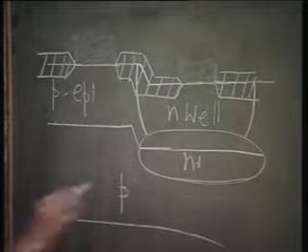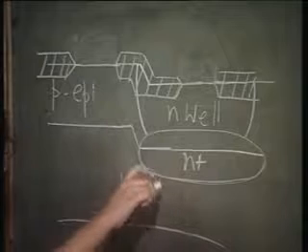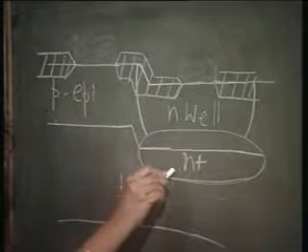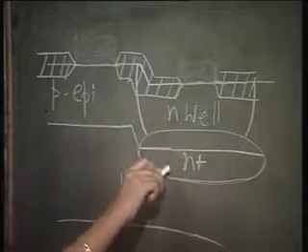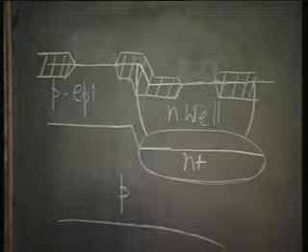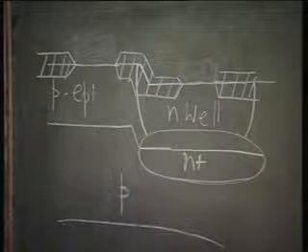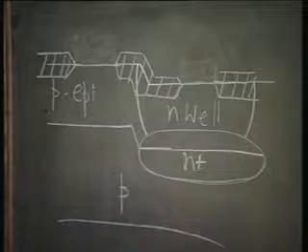Right, and you have the retrograde well. This is the retrograde well, the N plus region lying below the N well, so that the latch up problem will be minimized as well as the subsurface punch through problem will be avoided. Okay.